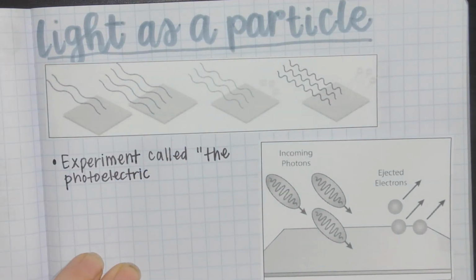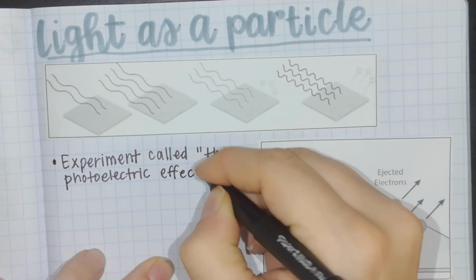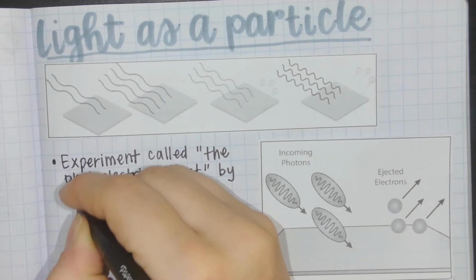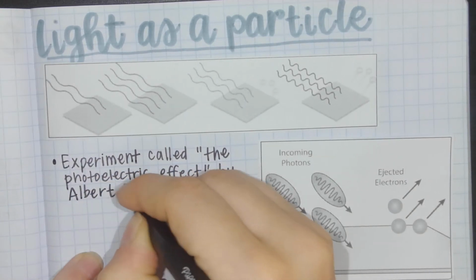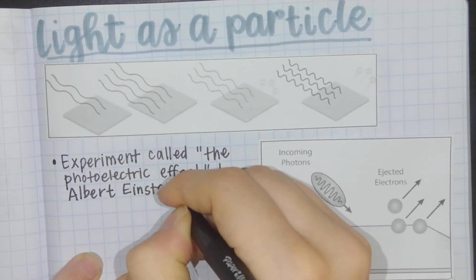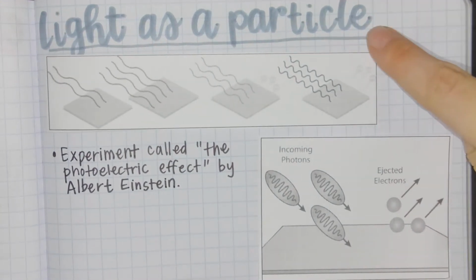An experiment called the photoelectric effect was done by Albert Einstein. I'm sure he didn't name it that, but that's what we all call it nowadays. And it showed that light was a particle.